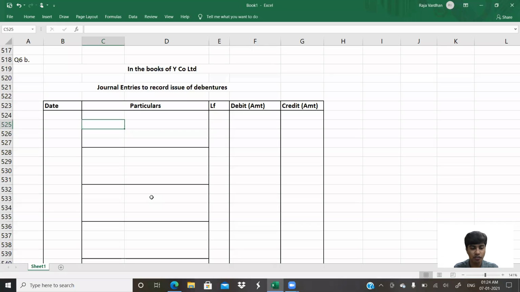How do we account this? First, we should write the journal entry for purchase. What is the entry for purchase? Fixed assets account debit, to what have we purchased? To you're supposed to pay the vendor. Vendor account. It's a credit purchase entry.